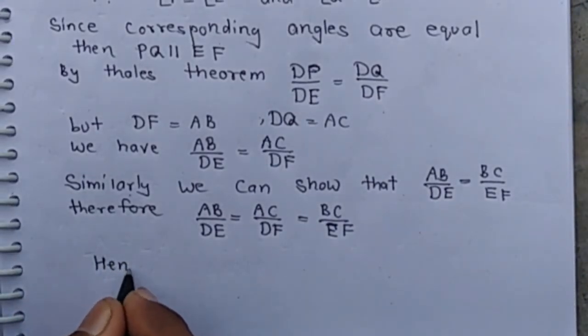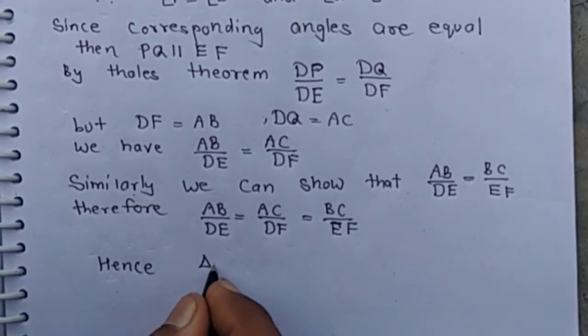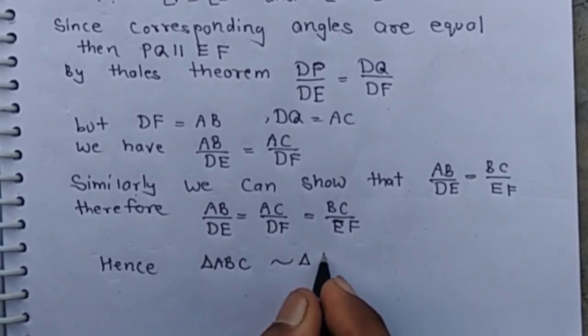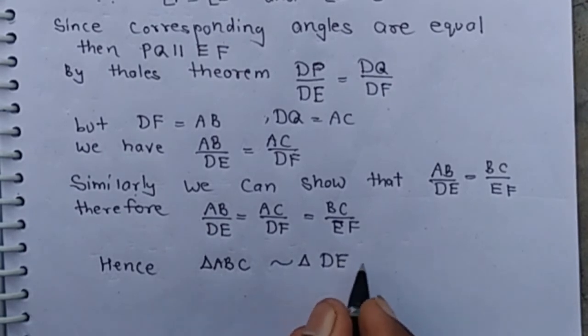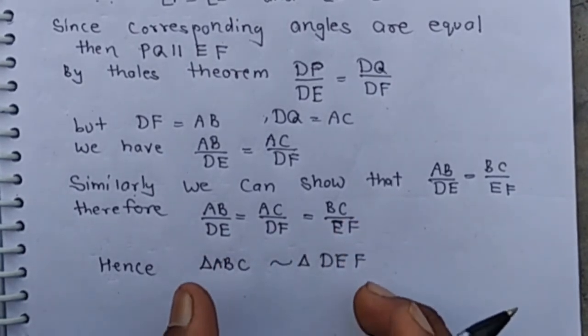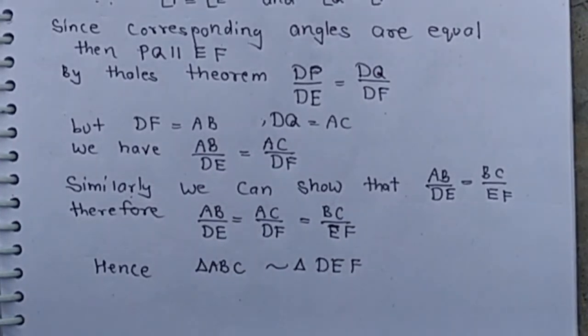Hence triangle ABC is similar to triangle DEF. If sides are proportional, then triangles are similar. That means in two triangles, if corresponding angles are equal, then they are similar. Otherwise, if at least two corresponding angles are equal, then the triangles are similar.